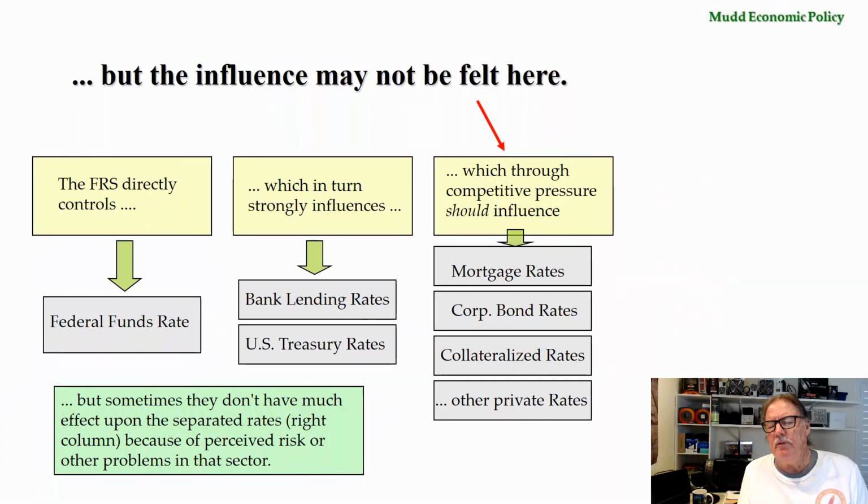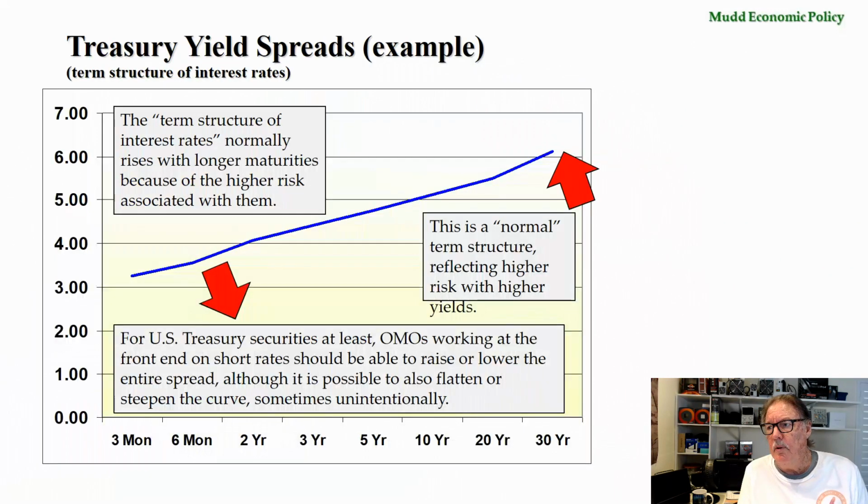Now, we can kind of address this even with respect to Treasury securities by looking at the Treasury Yield Spreads. Remember this? Now, this is an ideal about how it's supposed to look. This is an example. So we're saying that the term structure of interest rates in normal years, which we don't have right now, rises with longer maturities because of the risk associated with them.